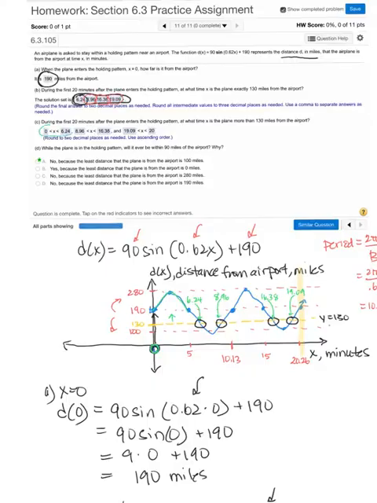And then once I hit 6.24, right there, I dip below. I'm actually within 130 miles. And then once I hit 8.96, all the way until I get to 16.38, right here, I'm again above it. And then I dip below until I get to 19.09. And because we're limiting ourselves to the first 20 minutes, that's why it stops at 20 minutes.